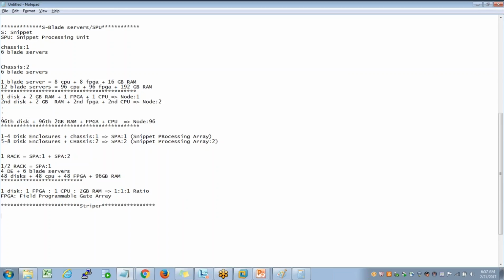They got 6 disk enclosures, 2 hosts, again 6 disk enclosures, 7 S-blade servers. Now 1 disk enclosure equals 24 disks, but only 600 GB. So instead of 1 terabyte heavy storage, they got 600 GB high performance.